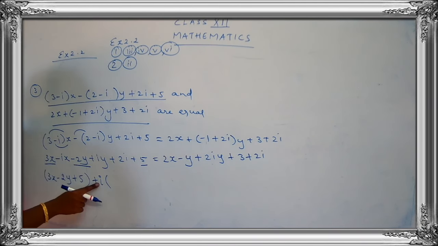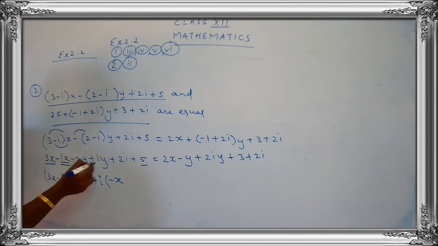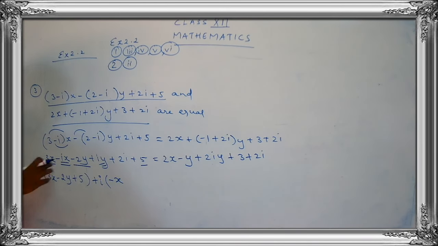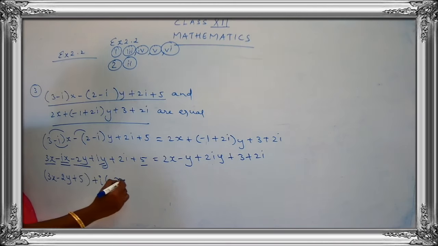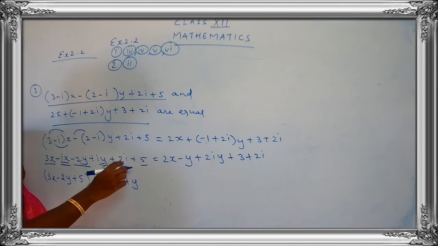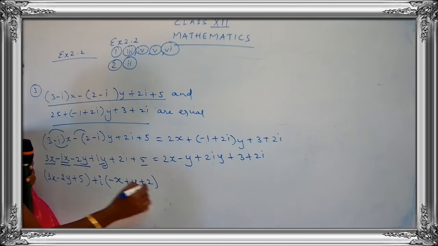So here it was minus x, so I am writing minus x. This is plus y, so I will put plus y. This is plus 2, so no problem. So I will get the same number.